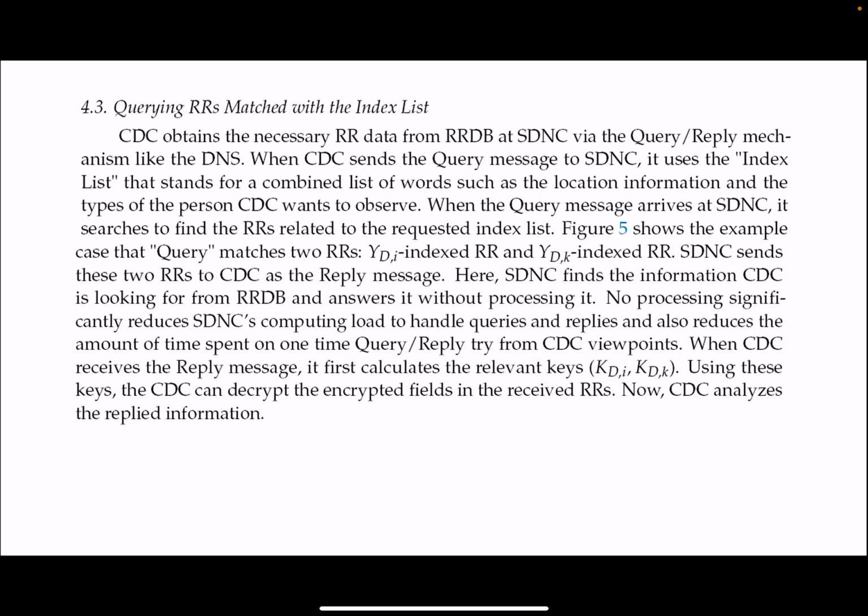When the query message arrives at SDNC, it searches to find the RR related to the requested index list. Figure 5 shows the example case that the query matches the YDI indexed RR and the YDK indexed RR.